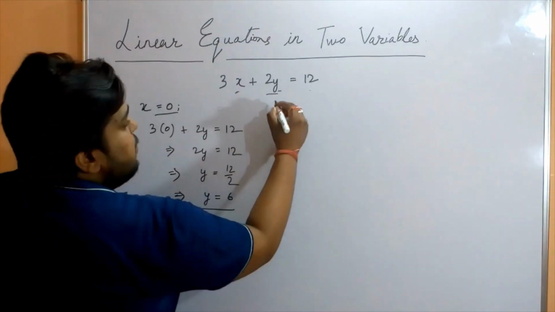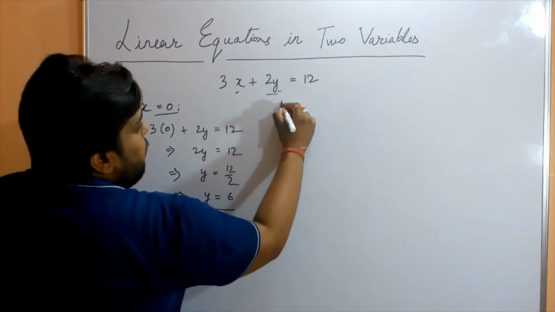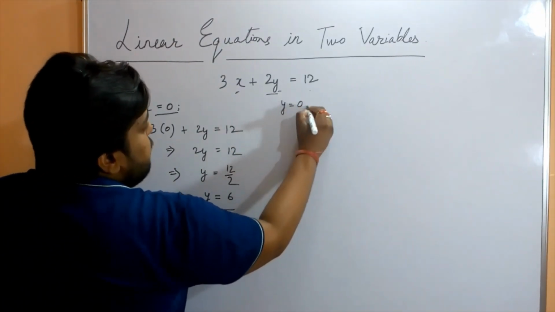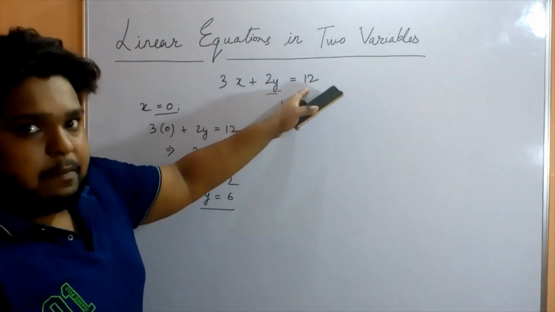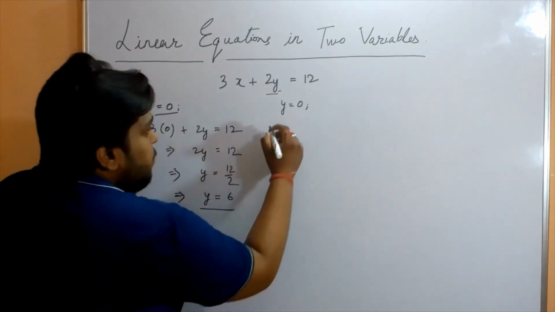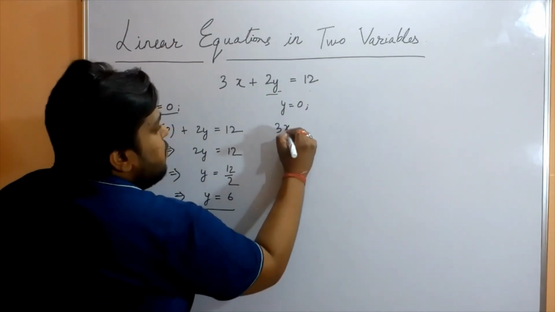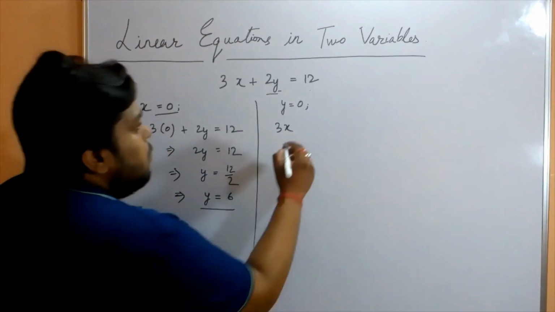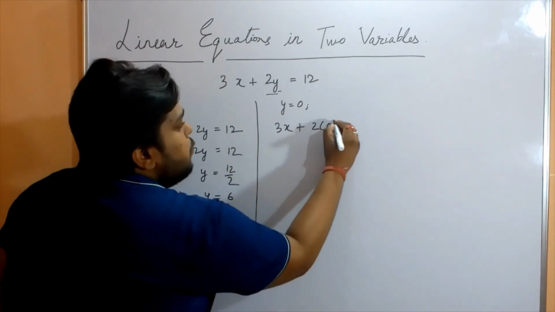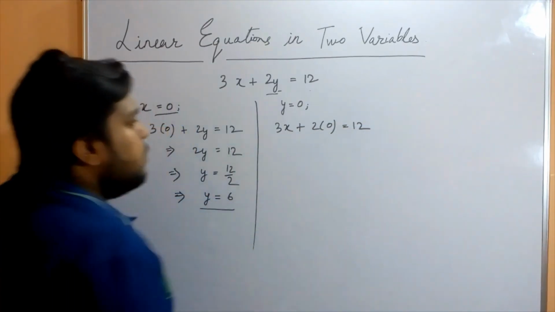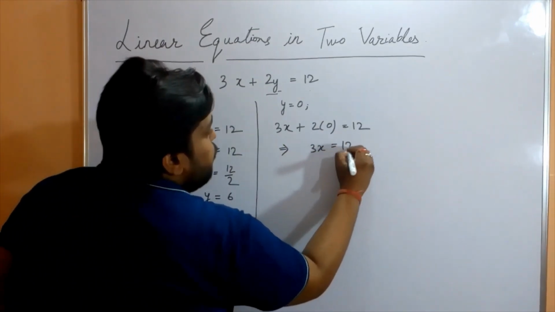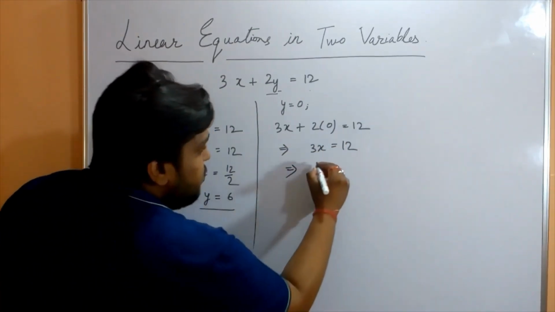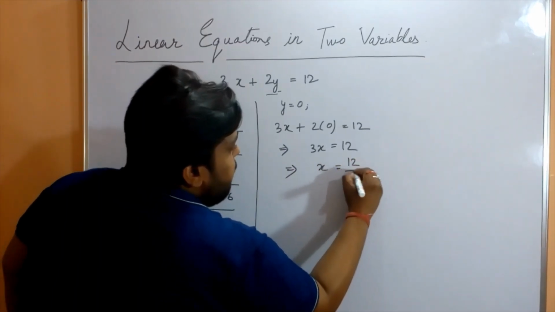Similarly, in another case we can let y equal 0. Now we put y equal to 0 in this equation. Then what do we get? 3x plus 2 into 0 equal to 12 rupees. Simplify as 3x equal to 12. Again, x equals 12 by 3.